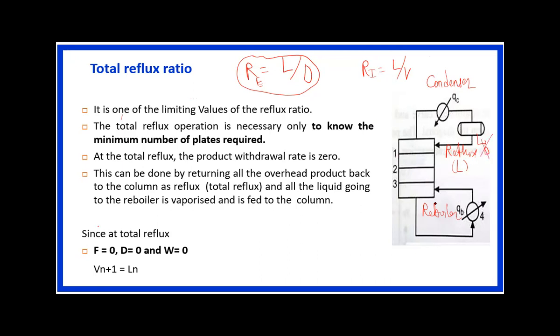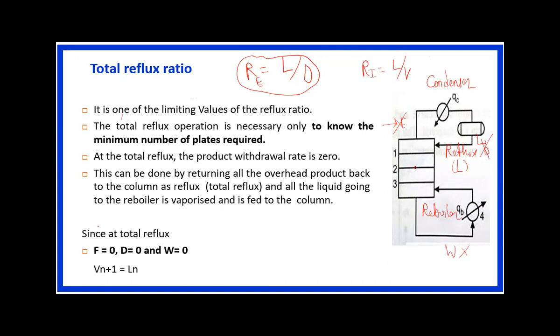Now when we are talking about the reflux ratio, if L by D is total, it means there is no distillate, there is no feed. So it is a batch process and there is no waste, that is no bottom product. It means once we fill this column, the process keeps going.